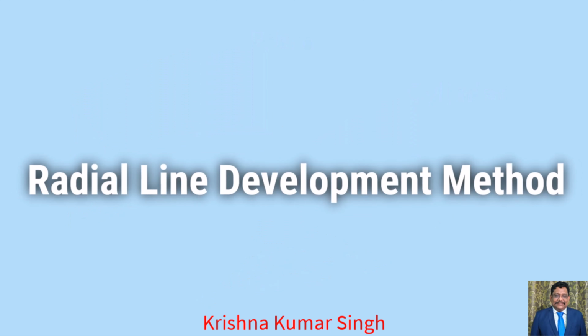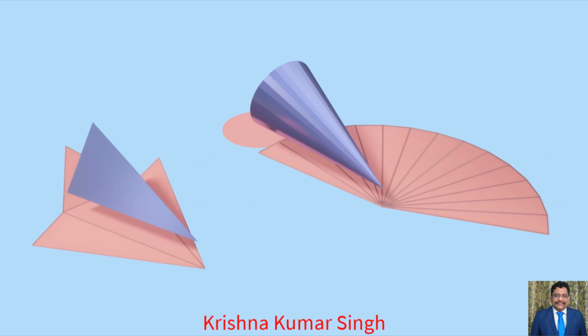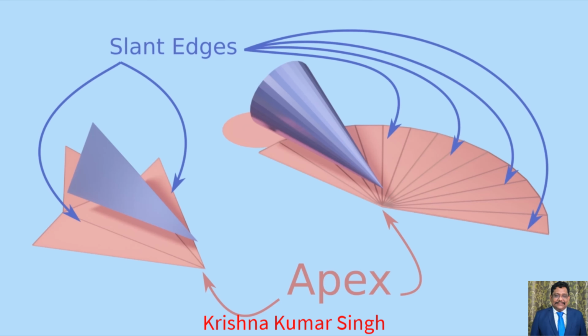The second method used for developing surfaces is the radial line development method. Radial line development method uses lines radiating from the center point to construct the expanded pattern. It is used for developing those solids in which the apex is taken as center and slant edges or generators of the solid are taken as the radius of the development.